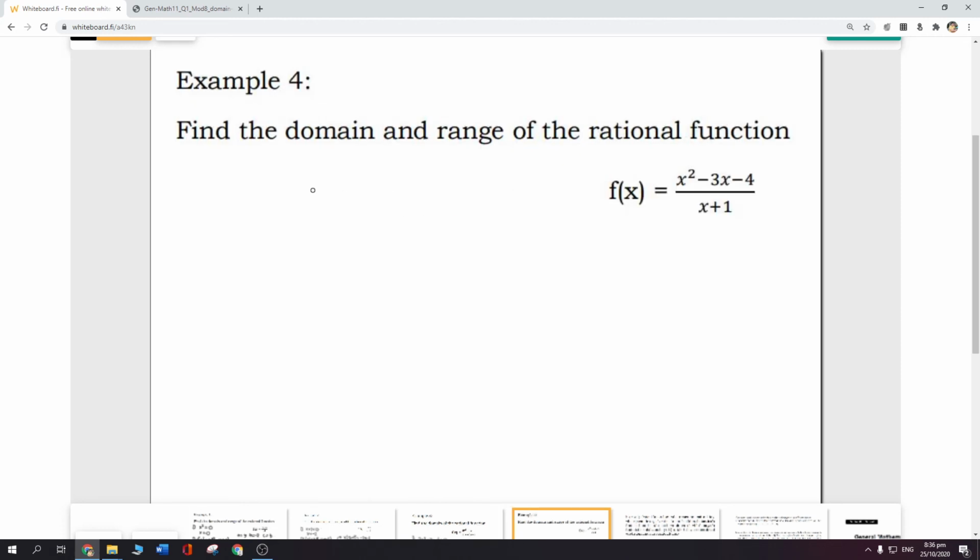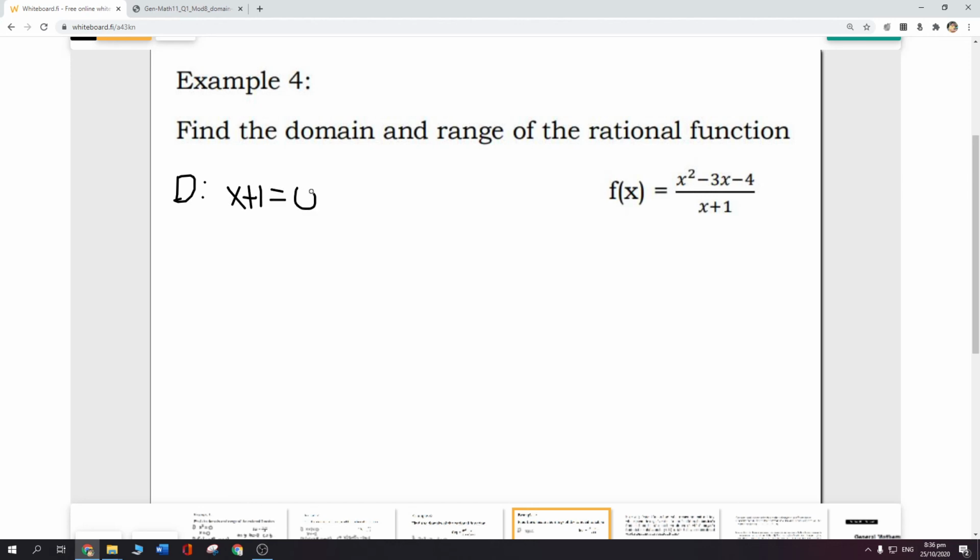And we are now in example number 4. Find the domain and range of the rational function f of x equals x squared minus 3x minus 4 all over x plus 1. So let D be our domain. Our denominator is x plus 1.